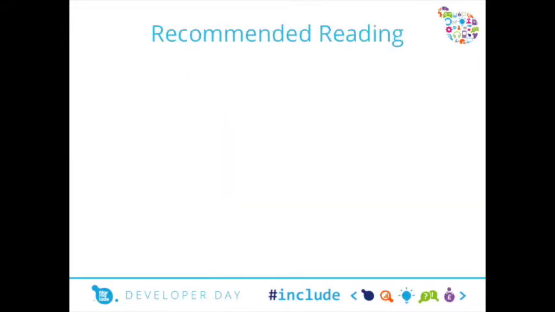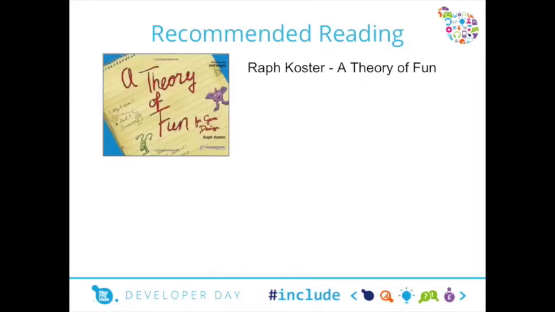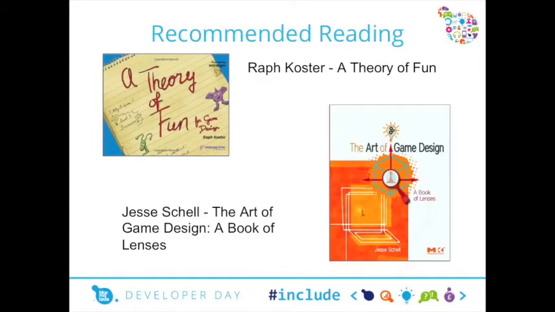If you're interested in reading up any more on game design, I would recommend A Theory of Fun by Raph Koster. It's an excellent book for anyone, whether they work in games or not. And also Jesse Schell's The Art of Game Design, A Book of Lenses, which is probably the best game design book I've ever read, which goes into an extraordinary amount of detail and analysis. And yeah, it's well worth a read.